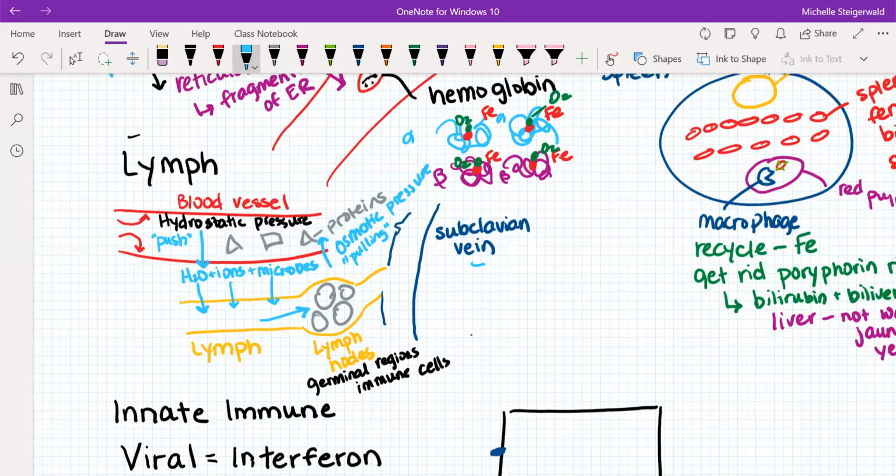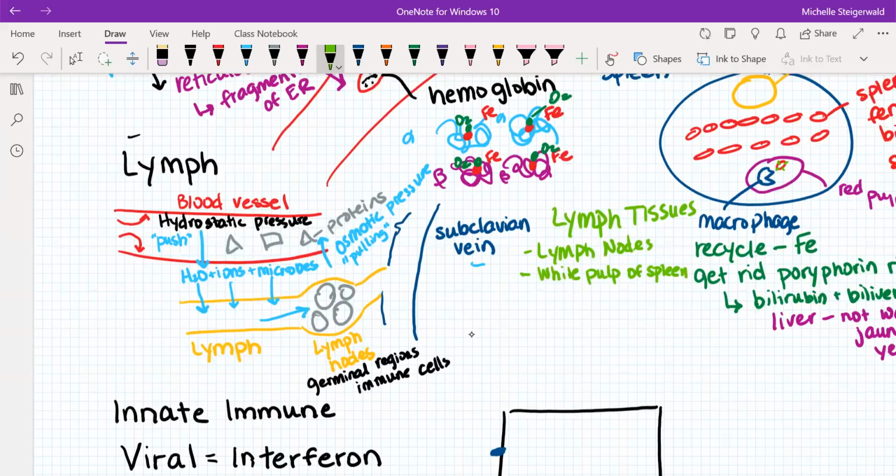We can talk about lymphatic tissues further than here. So obviously, lymph nodes were one of them. And we mentioned the white spleen, or the white pulp of the spleen. We also have GALT.